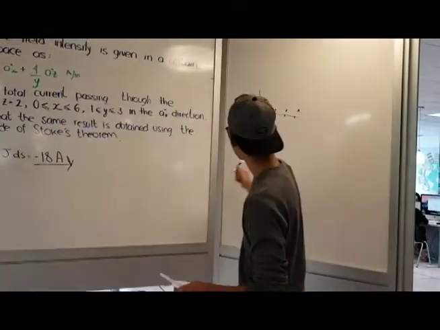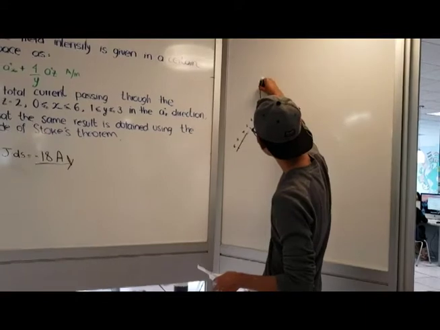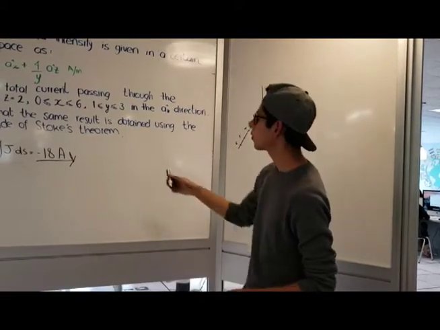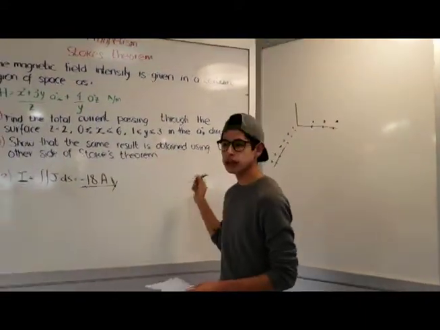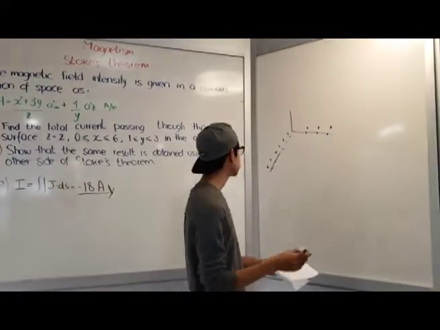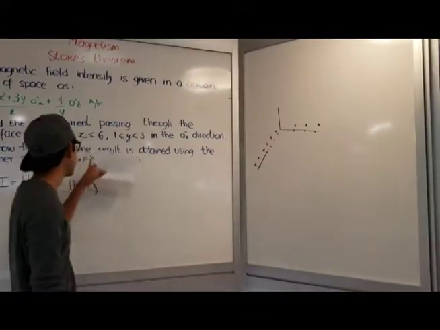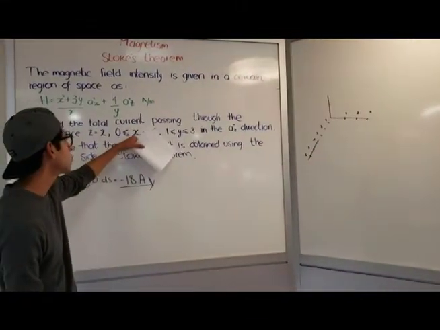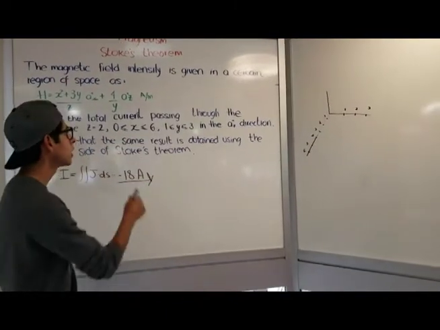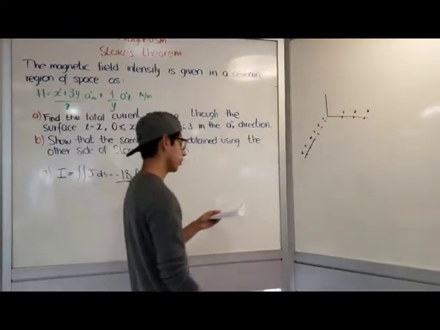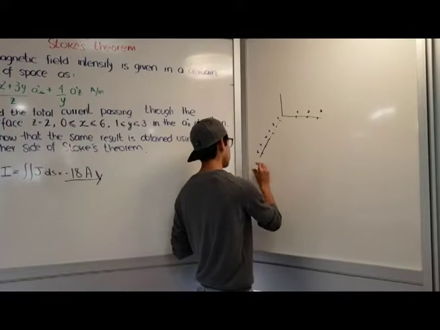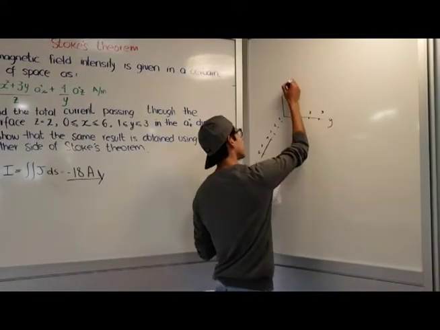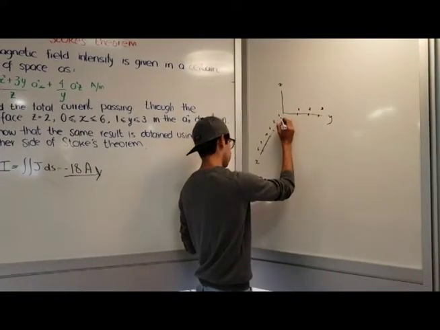Now we have here our Cartesian plane, and we need to draw these limits inside of here. So here it is telling us that x is bigger or equal to 0, but less or equal to 6. So this is my x, y, and my z.